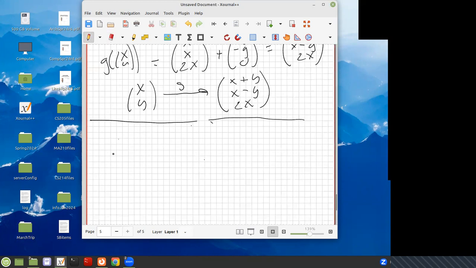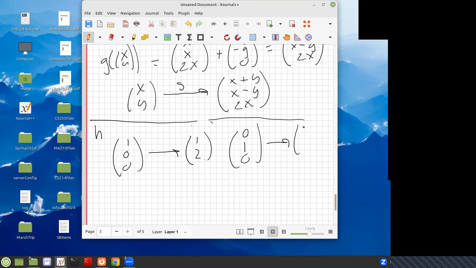Let's say that we have some map H and we have (1, 0, 0) that goes to, say, (1, 2). And (0, 1, 0) goes to (1, 1). And say (0, 0, 1) goes to (2, 1).